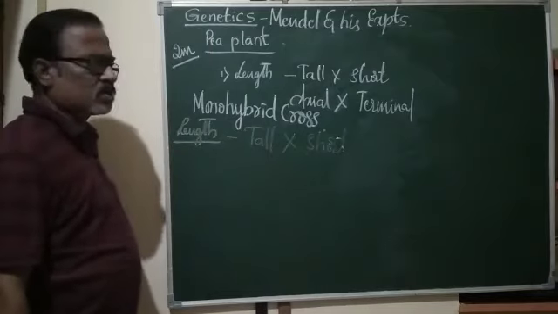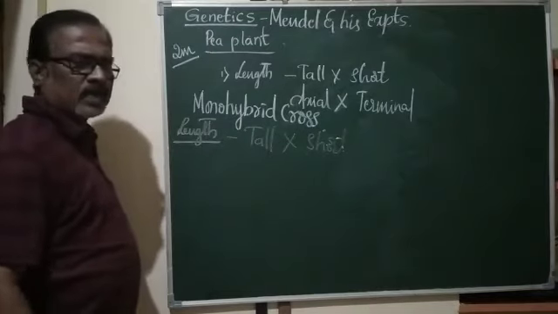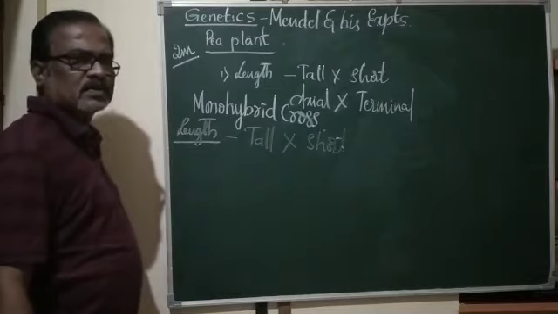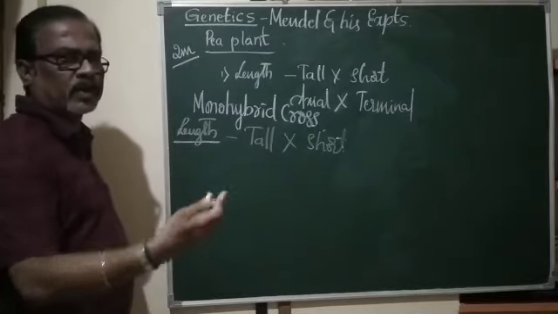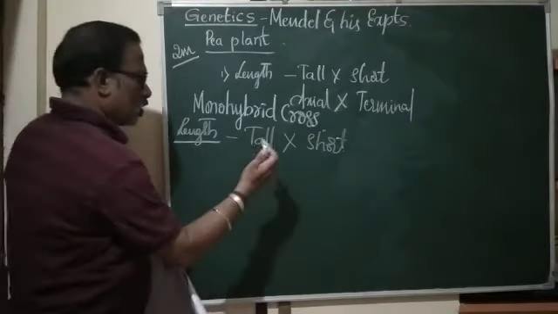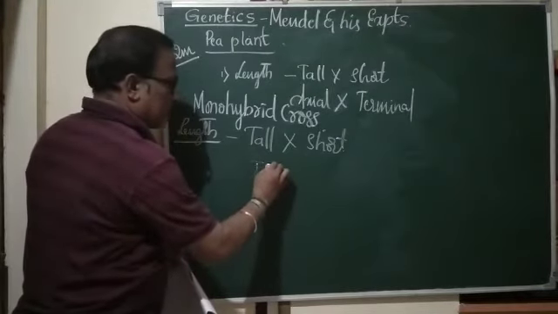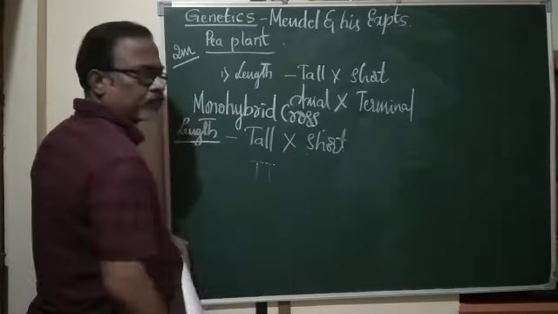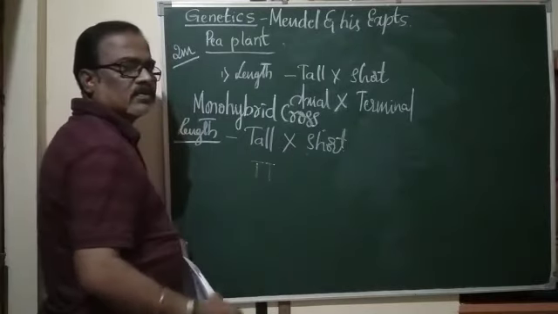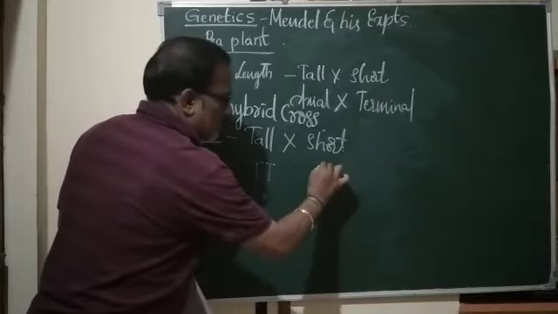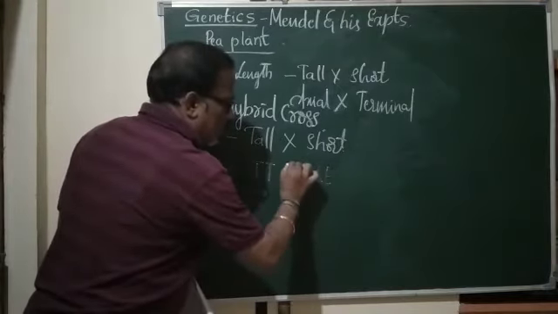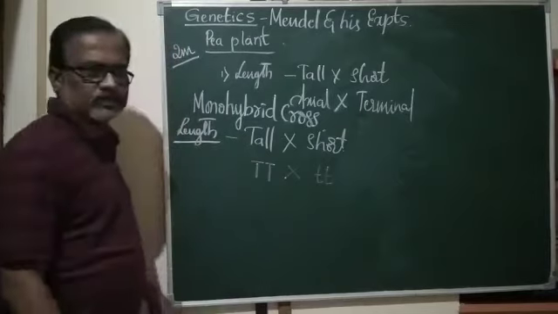In genetics, we represent the characters by the first letter of the dominant trait. For tallness, capital T, and small t for shortness.